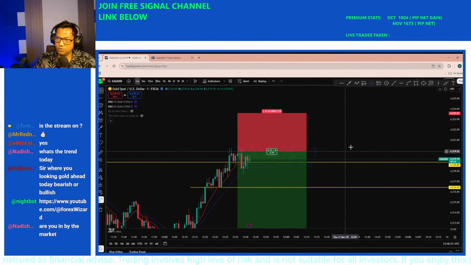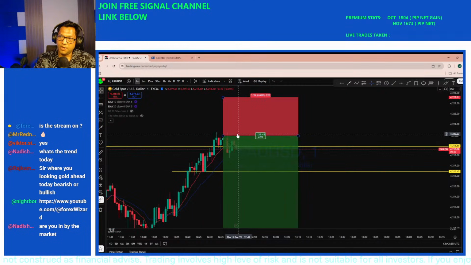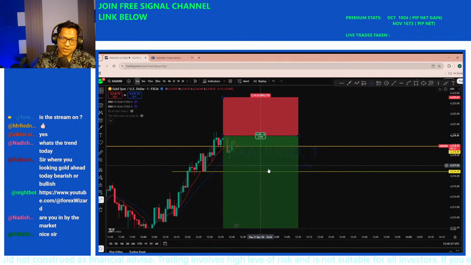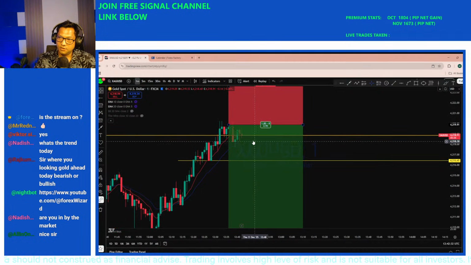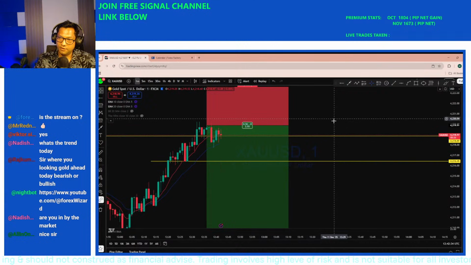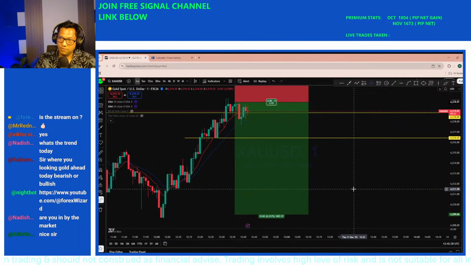There is some price action, that's consolidation, and that can act as a potential reversal, and that could bring that market well below back here.